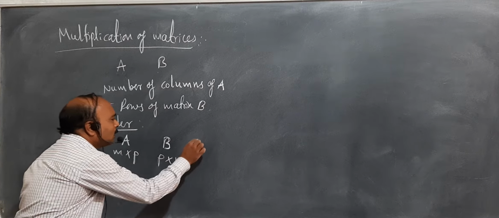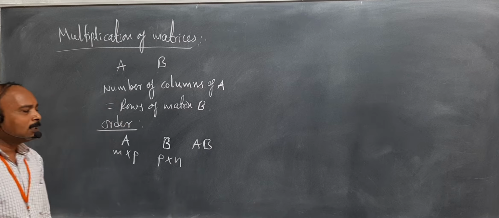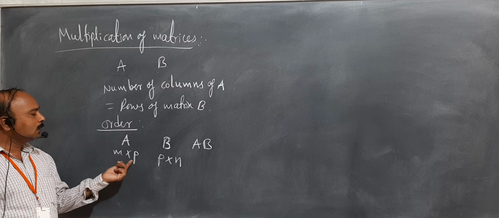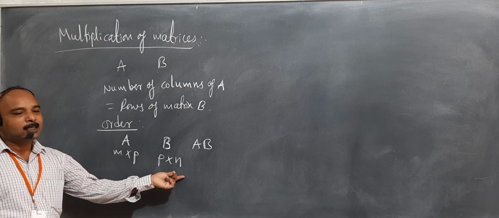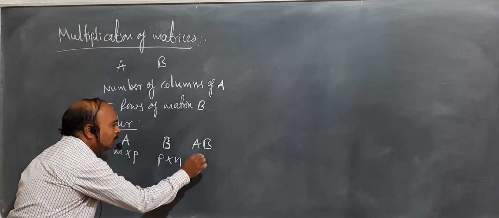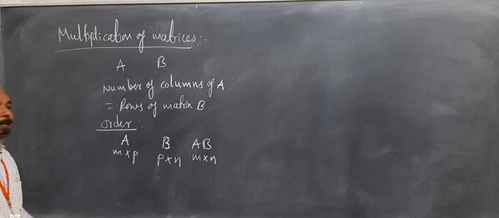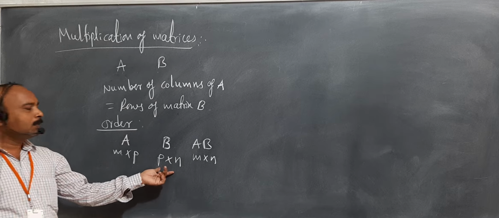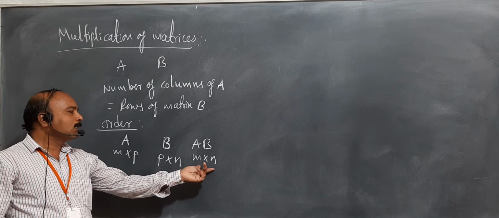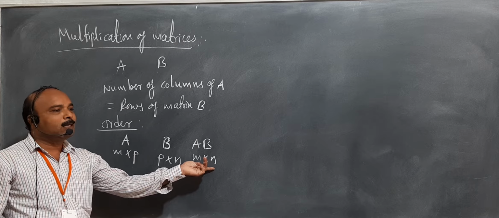Now if you consider the product AB, AB is also another matrix. It has the rows of the first matrix and columns of the second matrix, that is M by N. If A is a matrix of order M by P and B is a matrix of order P by N, automatically AB is always a matrix of order M by N.